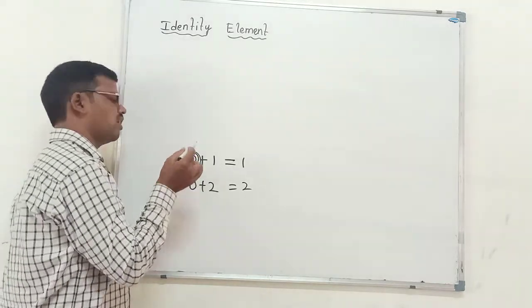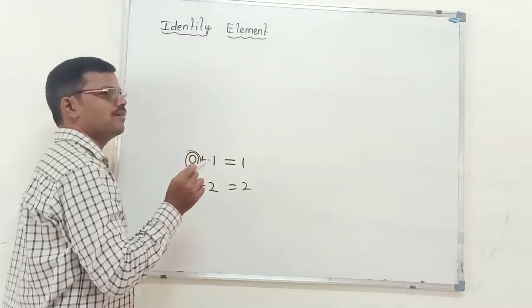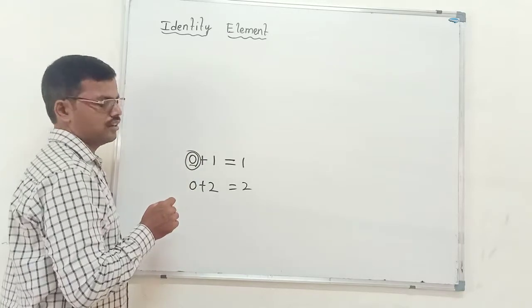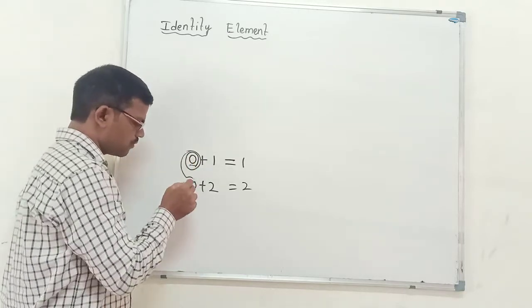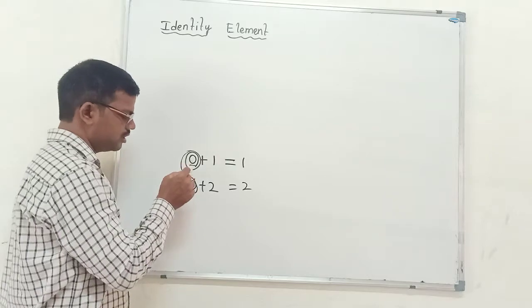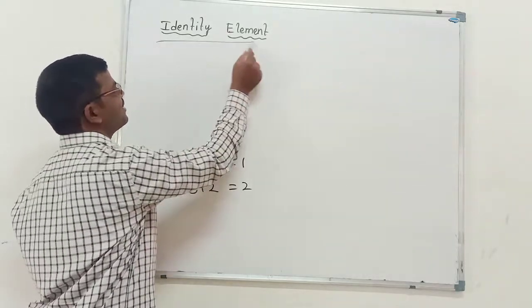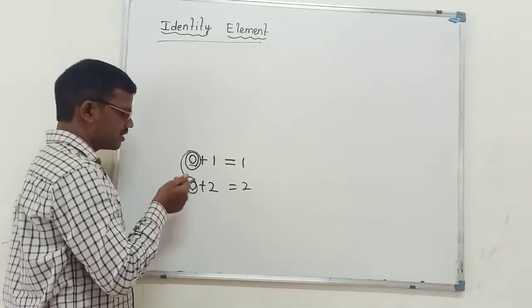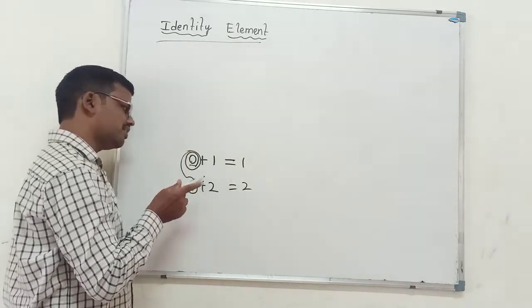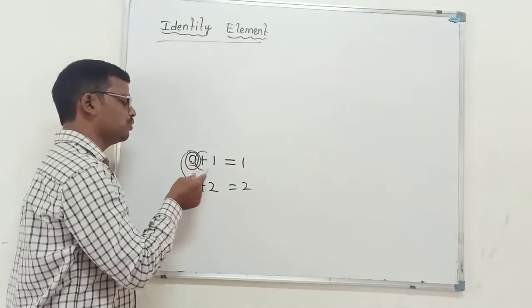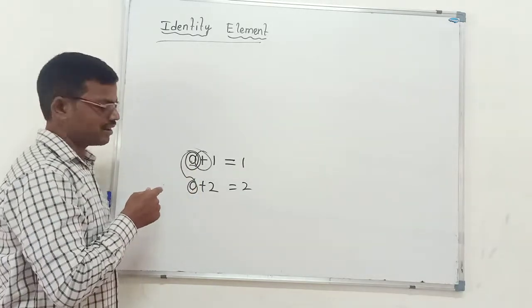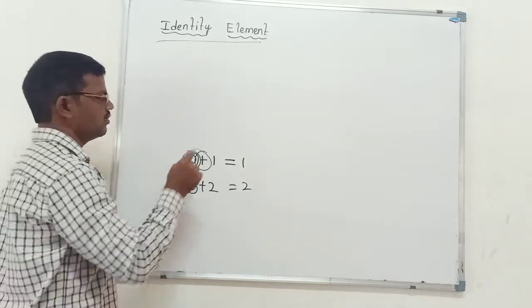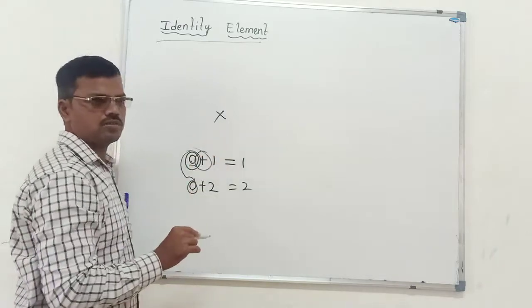With 0, if we add any element, that element never changes its value. So such a number, 0, is called an identity element. It never changes the other element. So 0 is the identity element under addition, the additive identity.